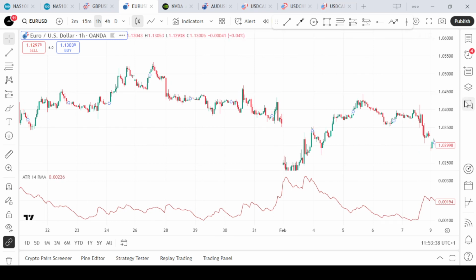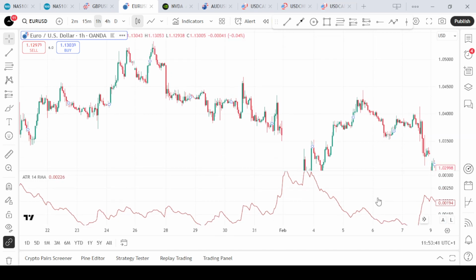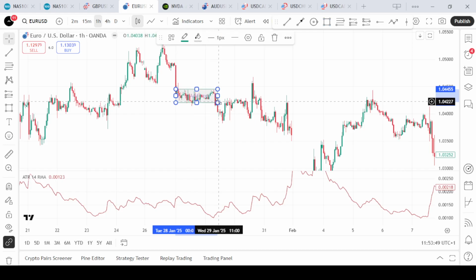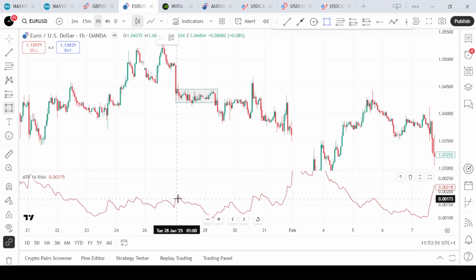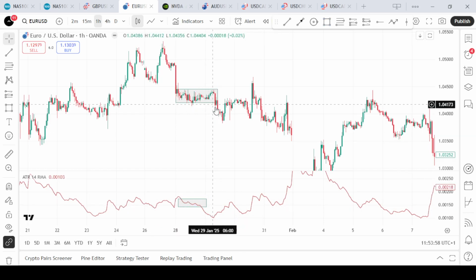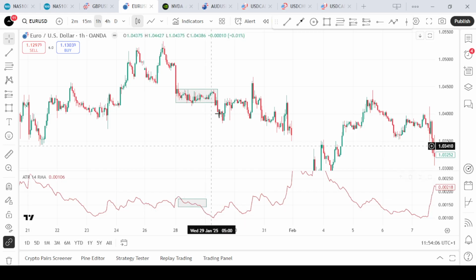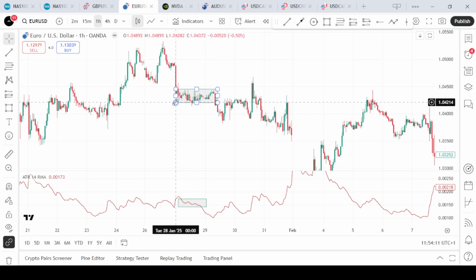You can see in this area in the market, price consolidated, moved between the upper boundaries and the lower boundaries. If you look at your ATR level, you can see at that same area price moved in a sideways direction. The moment price broke out from the lower boundary, the ATR broke out from its lower boundary, signifying we are moving to the downside. Remember, a breakout from the lower boundary indicates a bearish move to the downside.